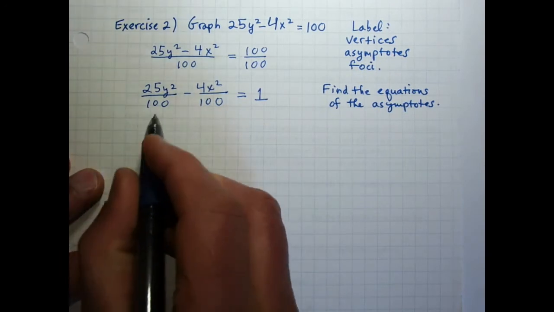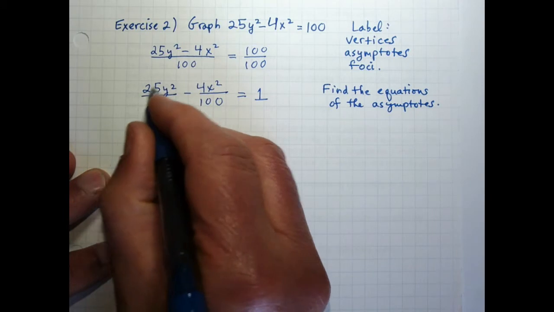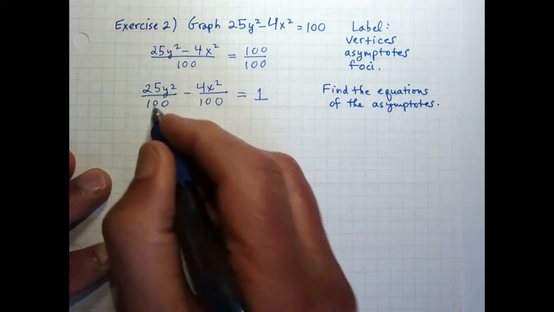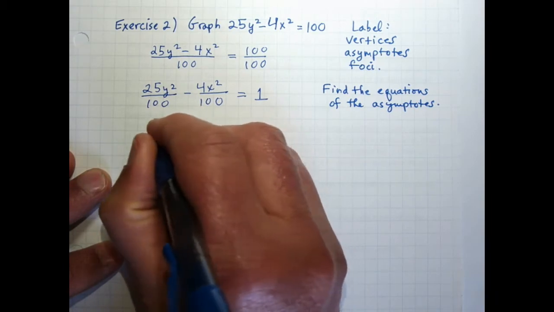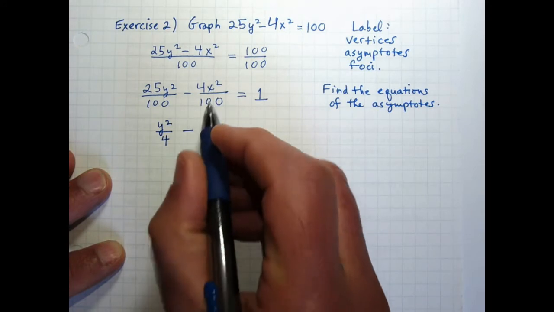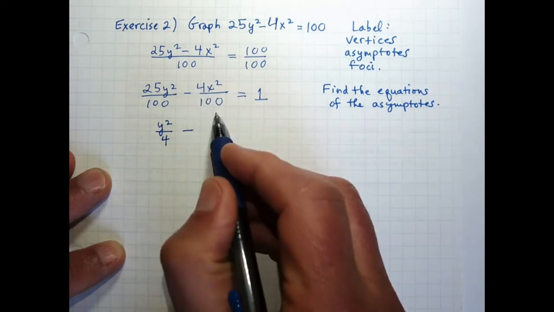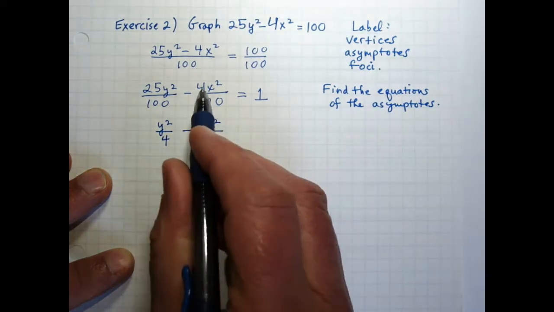And I can reduce my 25y squared over 100. I can divide by 5 and 5 above and below. And that's going to reduce to y squared over 4. 25 goes into 100 4 times. Minus, I can also reduce the right-hand side. The 4 is going to cancel out.